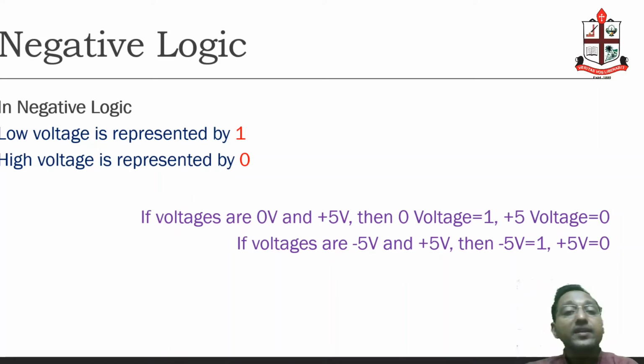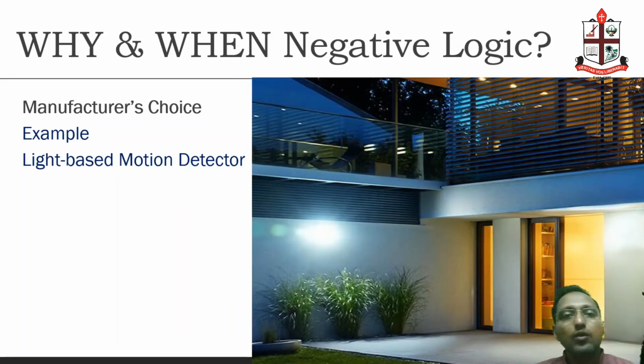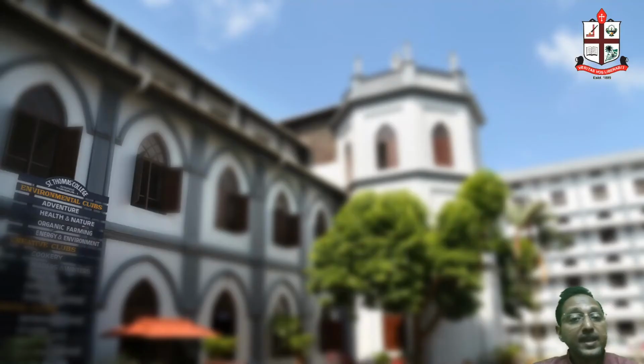We said during this course we will be dealing with only positive logic. But can there be any situation when negative logic can be used? Now think of a light-based motion detector where a beam of light or a laser beam is being transmitted from one corner to the other, where the transmission of light can be assumed to be high since there is no obstruction, and this can be assumed to be at logic state 0.